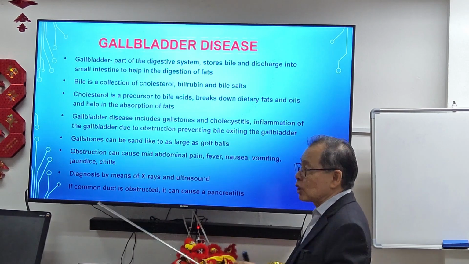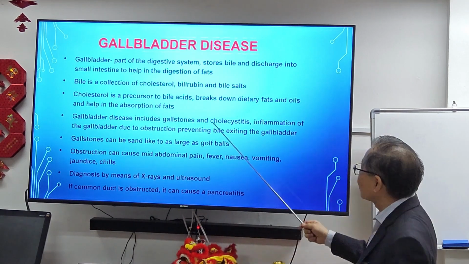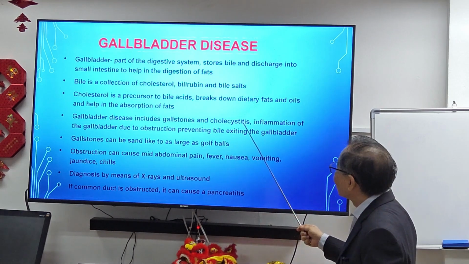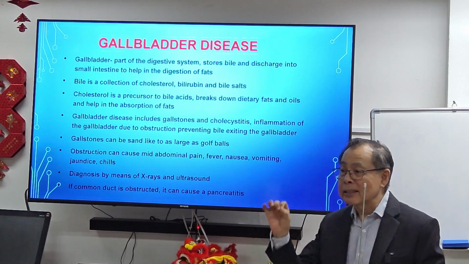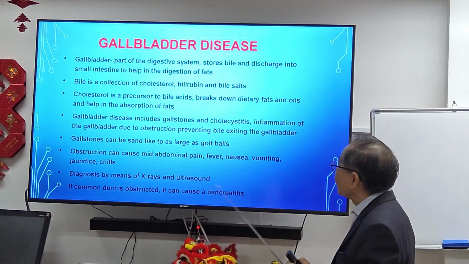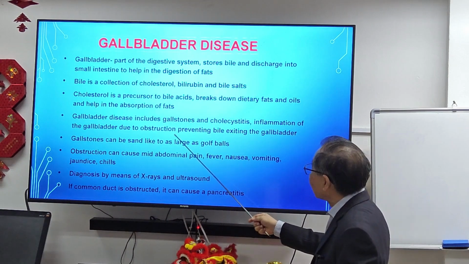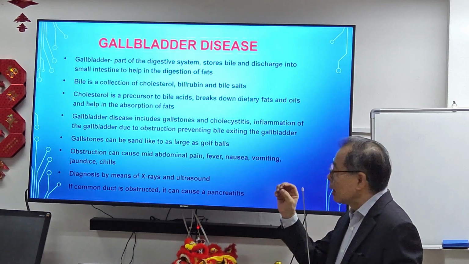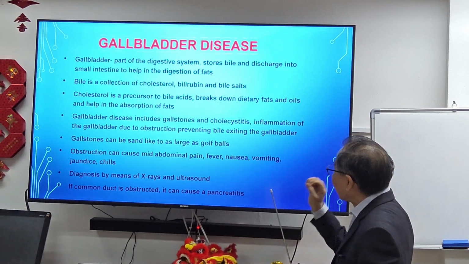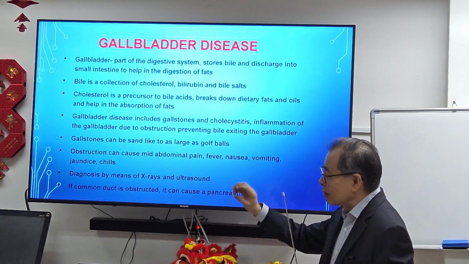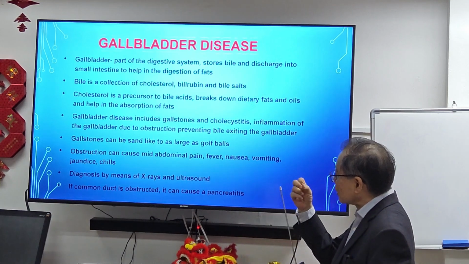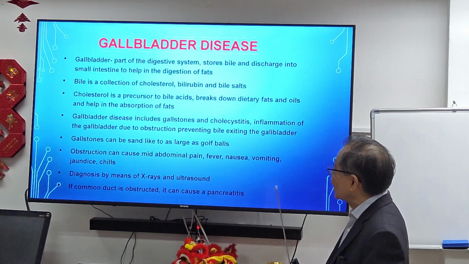So why is it called gallbladder disease? Because it includes gallstones and cholecystitis. Cholecystitis is inflammation of the gallbladder, and then it can give rise to obstruction, where the bile cannot leave the gallbladder to enter into the intestines to digest your fats.